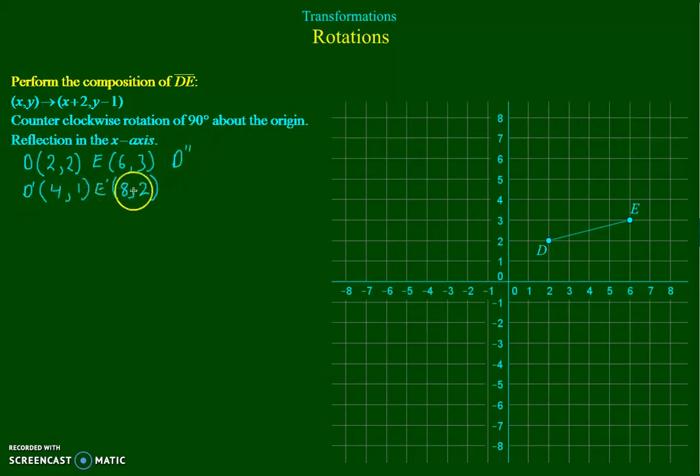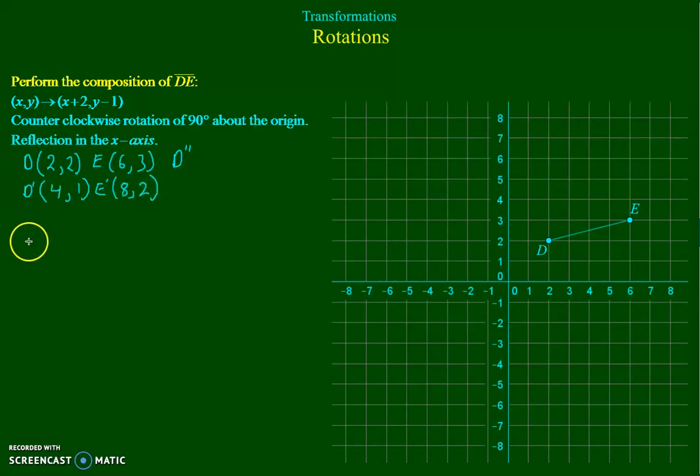D prime. Now remember, we're using the second image here. This is our pre-image, and we're going to now rotate this set of points. So we're taking (4, 1) and (8, 2) and applying the 90 degree rotation rule. Hopefully you remember it.